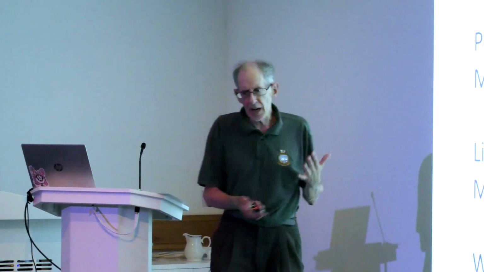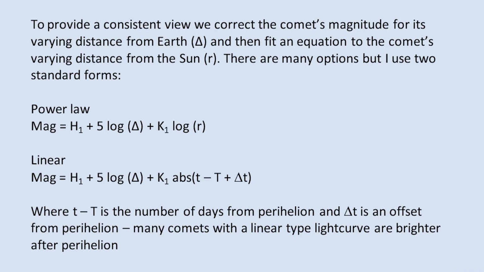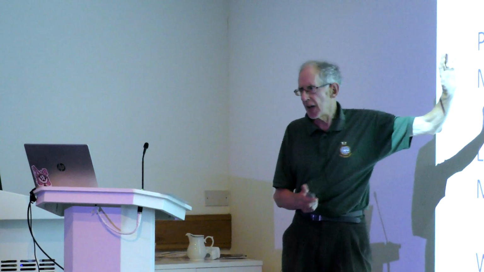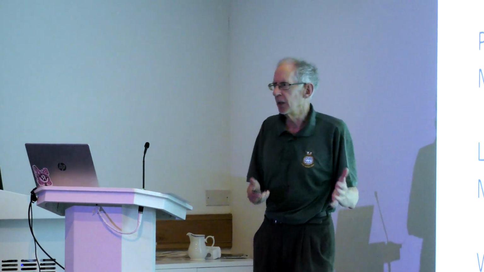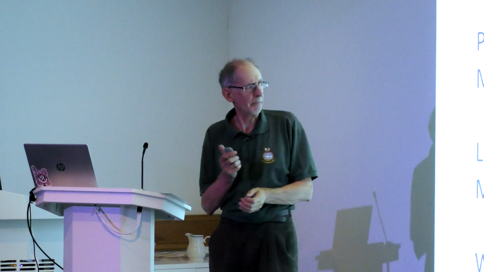Now, if we want to work out how bright a comet is, we need to correct for the distance from the sun and from the distance from the Earth. So the distance from the Earth is this value, and that's purely geometry. So that should be relatively straightforward. The comet has an absolute magnitude, and that's how bright it would appear if it was exactly 1 AU from the Earth and from the sun.